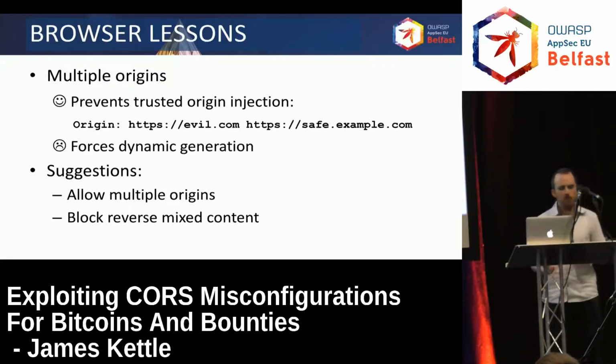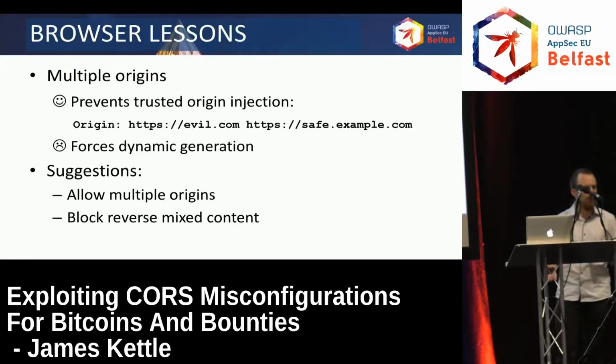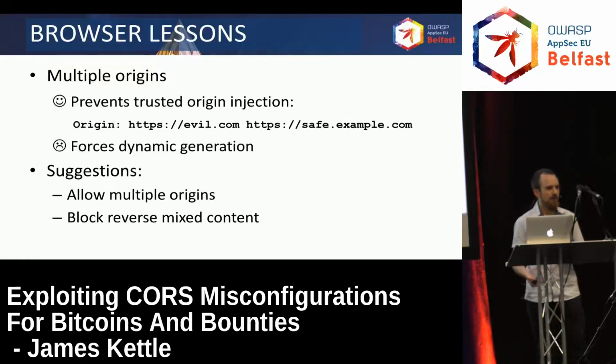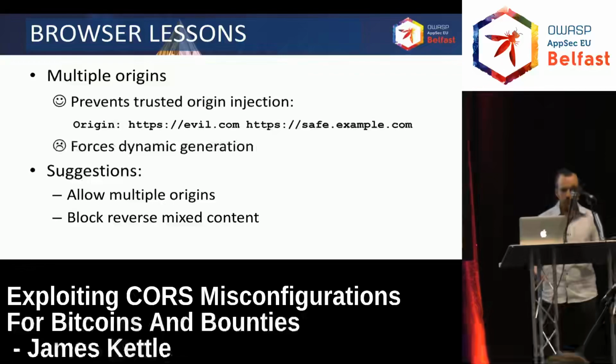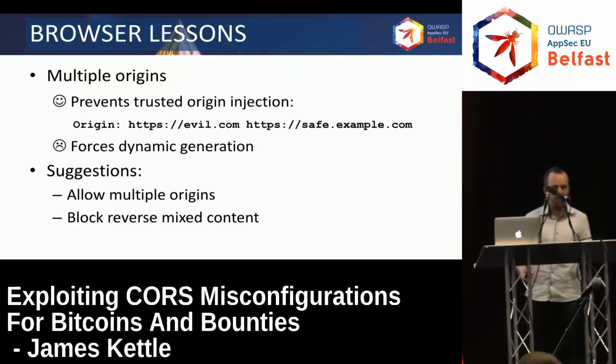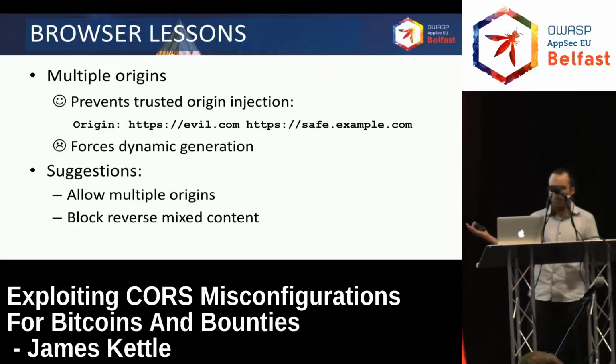Also, browsers could take the opportunity to block reverse mixed content, basically that issue that I showed you on Google Finance. Browsers already block HTTPS sites trying to load scripts over HTTP, but they'll very happily, as we saw, let an HTTPS site grant full access to an HTTP origin. So why not just block that too?